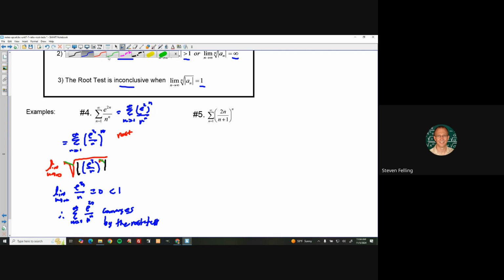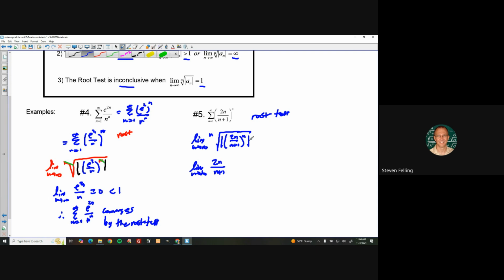Here's another example over here. So we're going to do the root test over here. This means we're going to take the limit as n approaches infinity of the nth root of the absolute value of 2n over n plus 1 to the nth power, which means that the nth power and the nth root are canceling, and we're taking the limit of 2n over n plus 1.